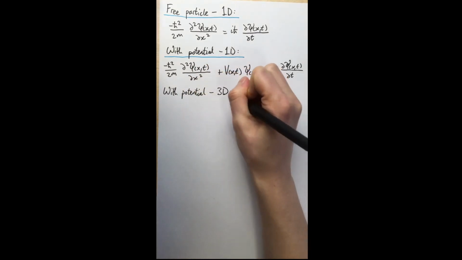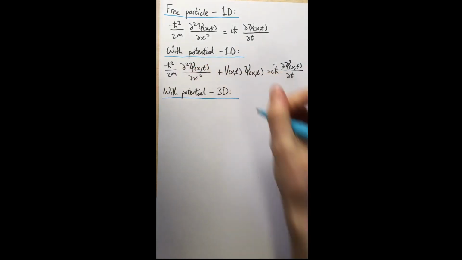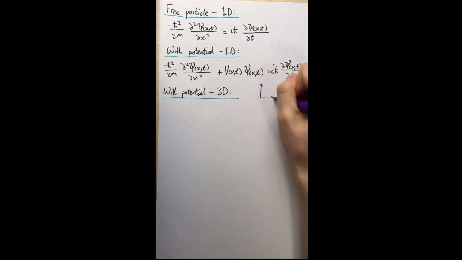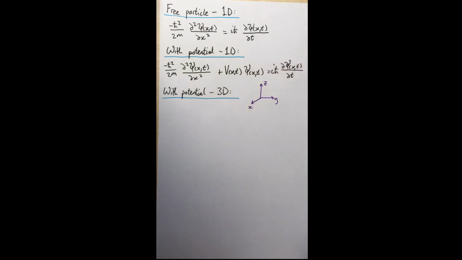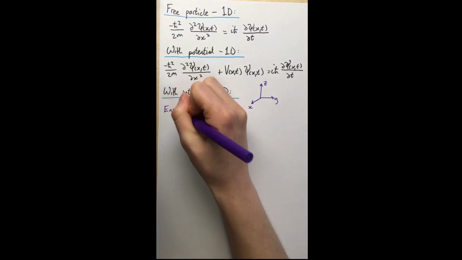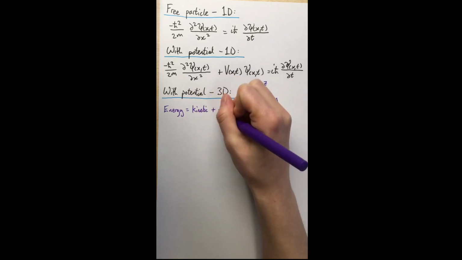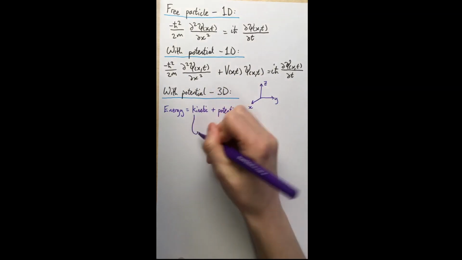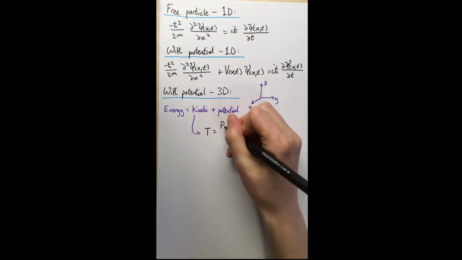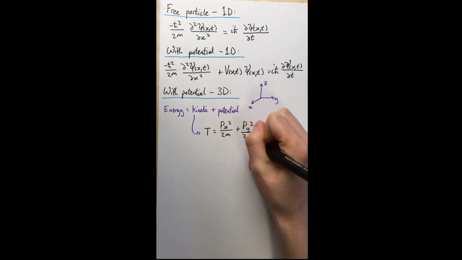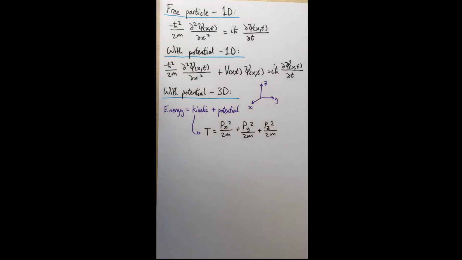We can also generalise into 3 dimensions. Again, we note the conservation of energy, and we see that it is the kinetic term that changes. The kinetic term now has 3 components of the momentum.